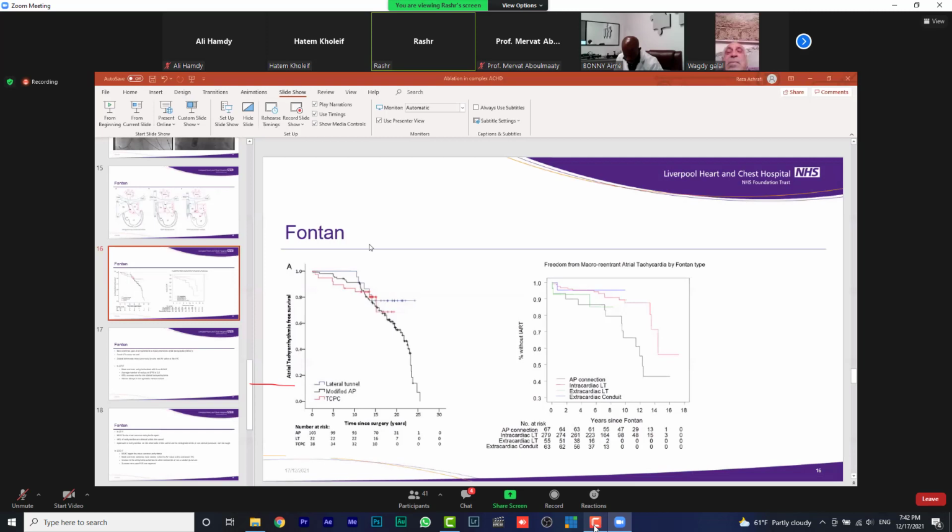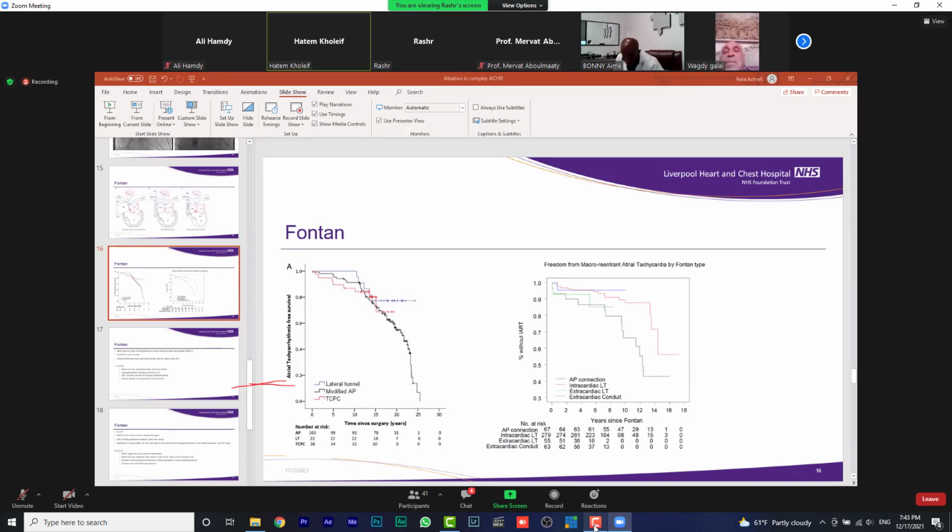Nowadays, they usually do the extracardiac shunt, or they didn't use the old techniques. Sorry, I missed that.